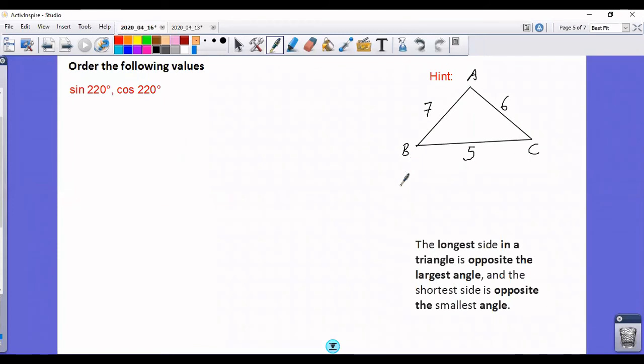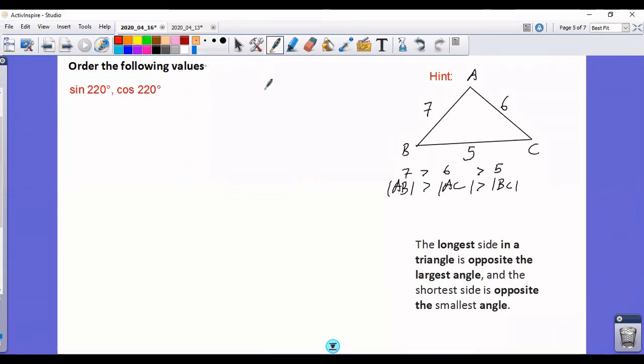So AB is longer than AC, and AC is longer than what? BC. BC is shortest, AB is the longest side here, because 7 is greater than 6 and 6 is greater than 5.